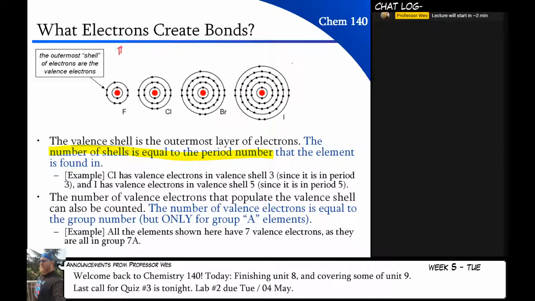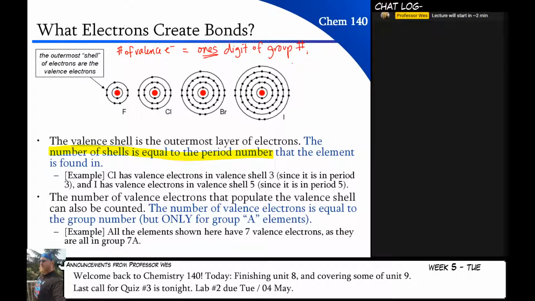The number of valence electrons is equal to the ones digit of the group number. Because all of these elements I've selected are in group 17, the ones digit of that is 7, and therefore these have 7 valence electrons.